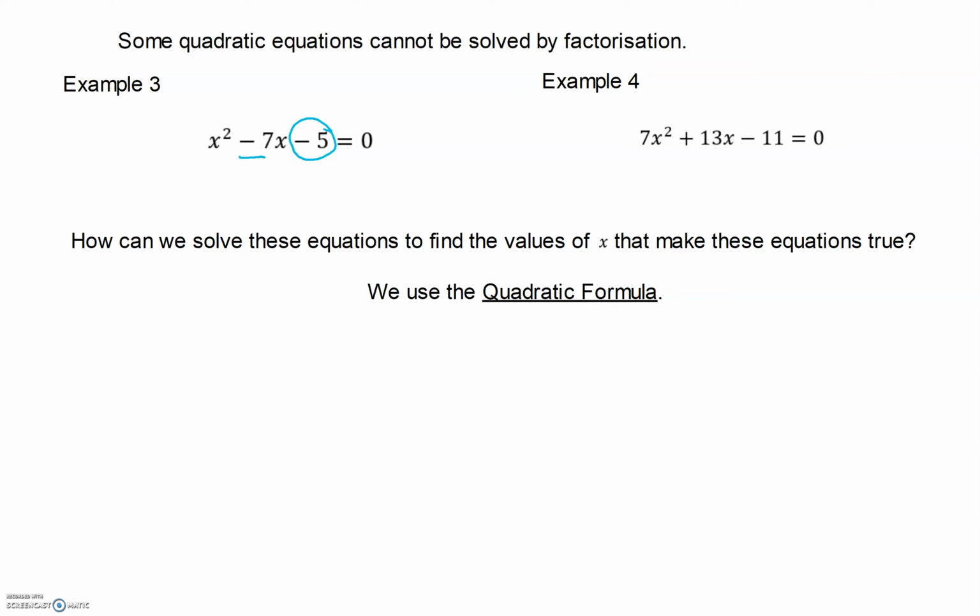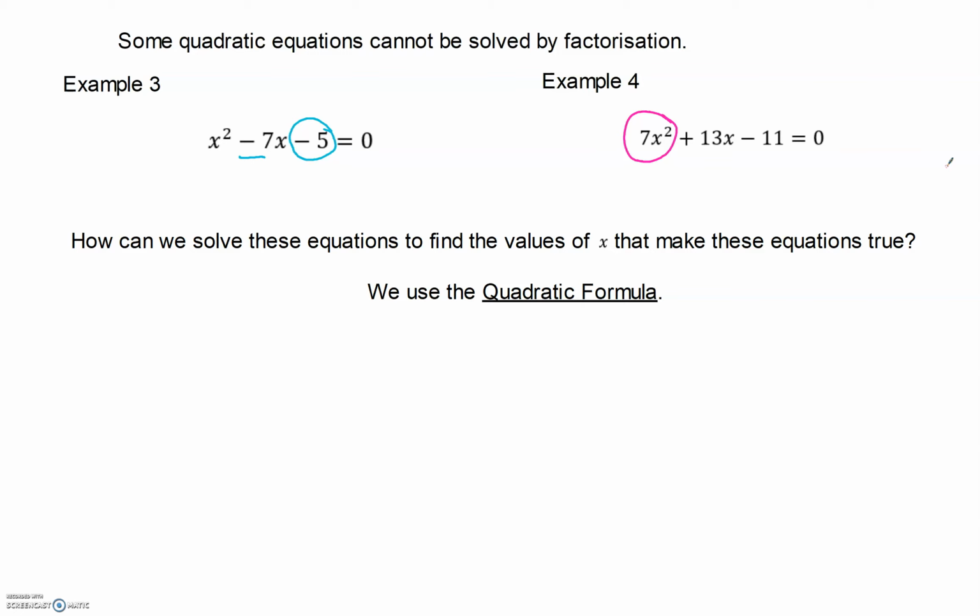Example 4 on the right-hand side is quite a complicated one, and it may be one that would factorise, although this one possibly doesn't. But you've got 7x squared, and so it becomes quite complicated. You may actually want to use a different method than trying to find some kind of factors for these equations.